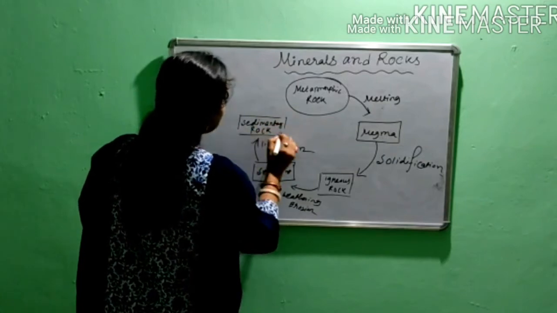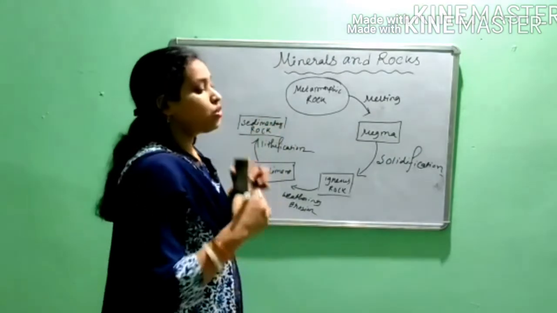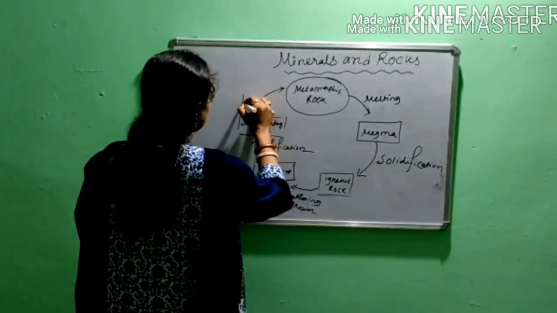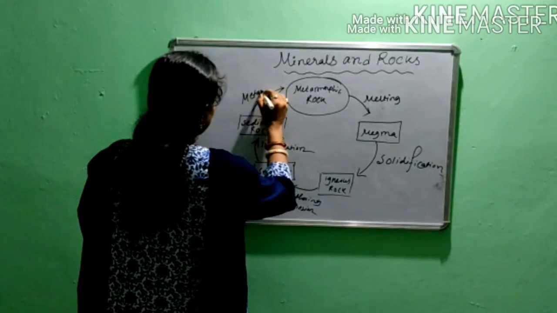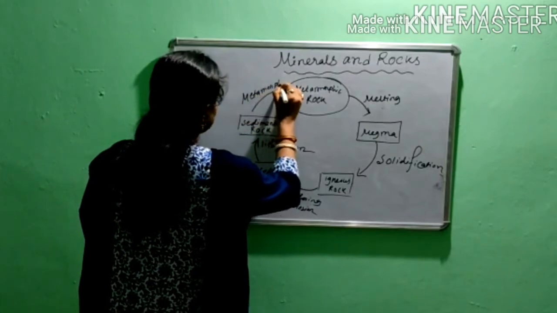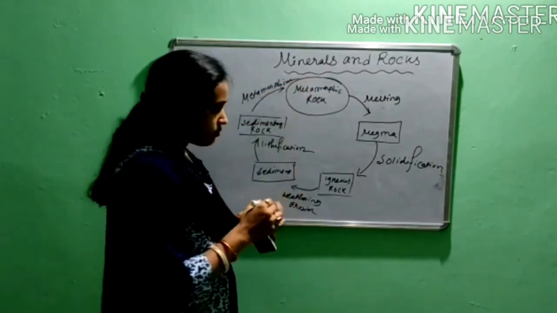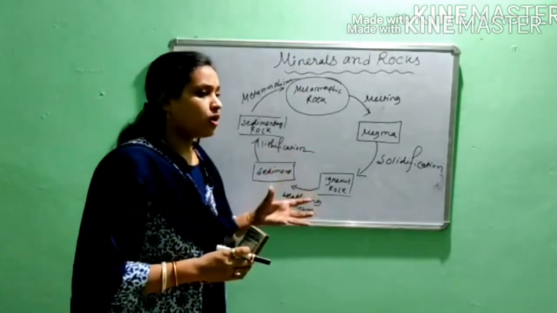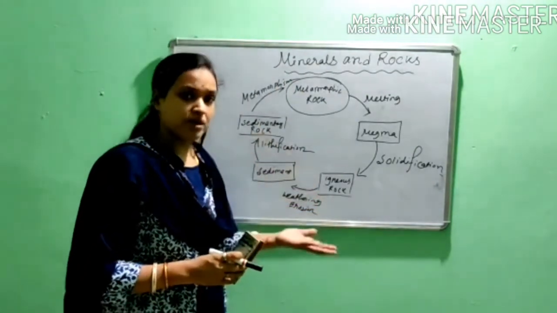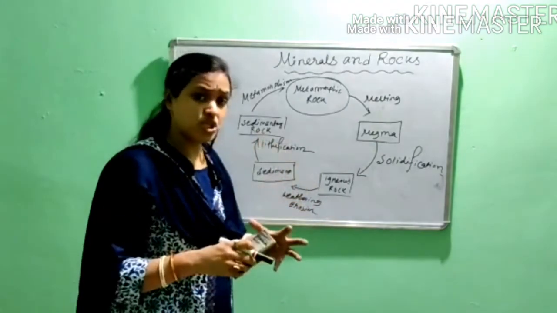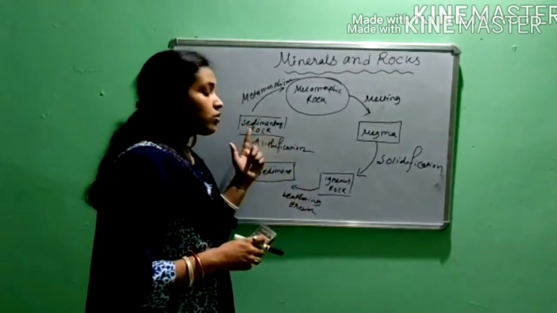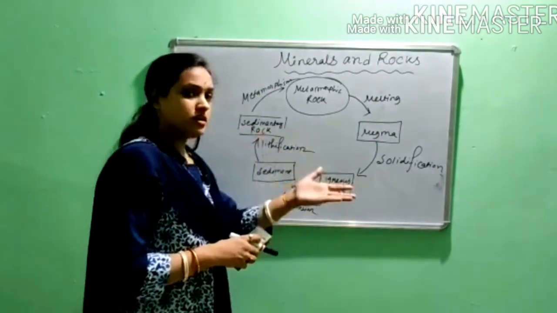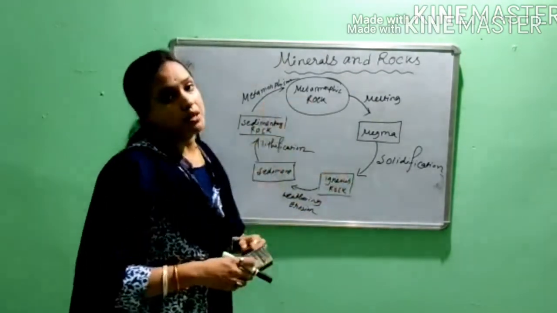Then what happens? This sedimentary rock, through the process of metamorphism. Metamorphism means through the process of volume, or temperature change, or pressure, when rock changes its form and transforms into another rock, we call this metamorphic rock.